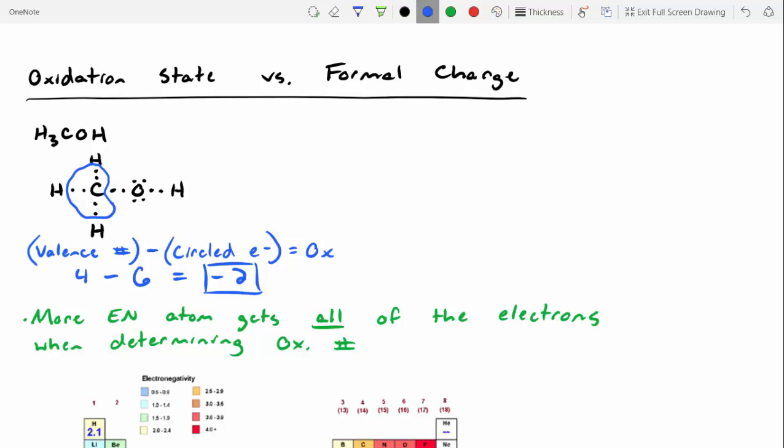Let's do C2CCH2. So we've got ethylene. I want you guys to tell me the oxidation number of the carbon. Either one.